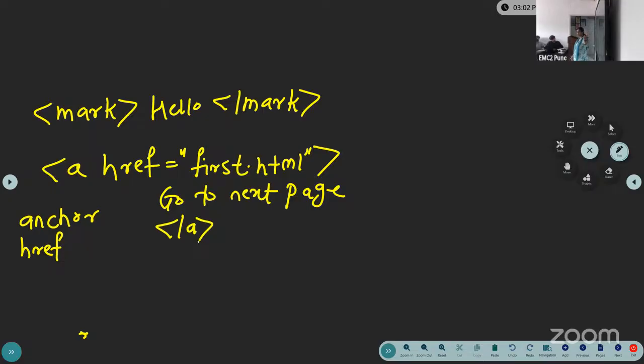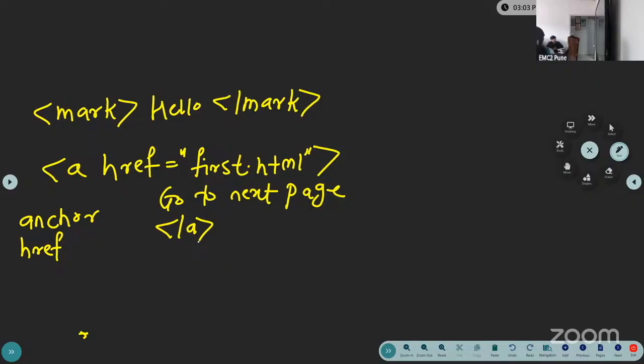Okay. Now after the hyperlink, next is what? I want to show my data in a list format, in numerical format, 1, 2. There are two tags: ordered list and unordered list.